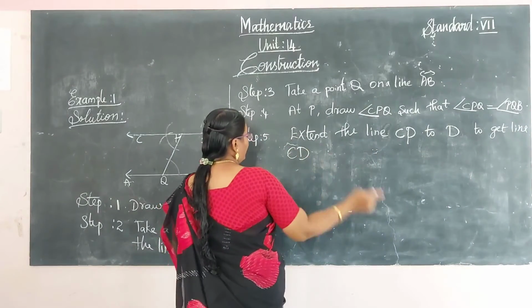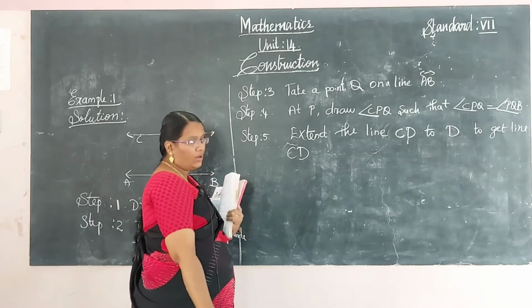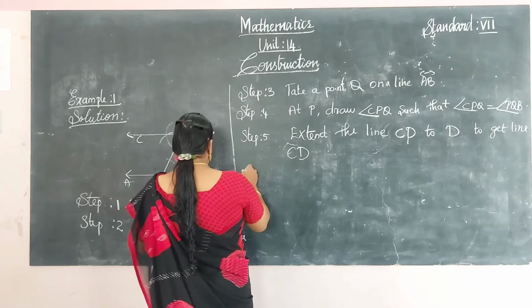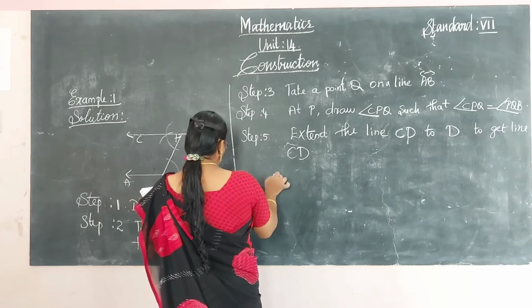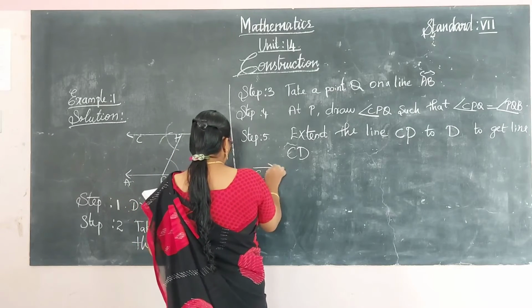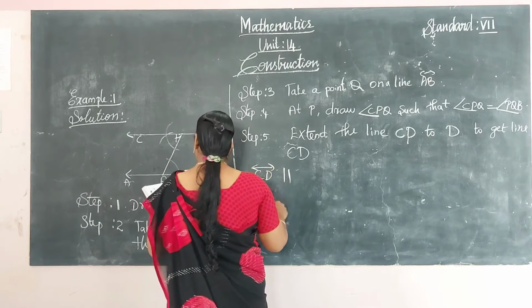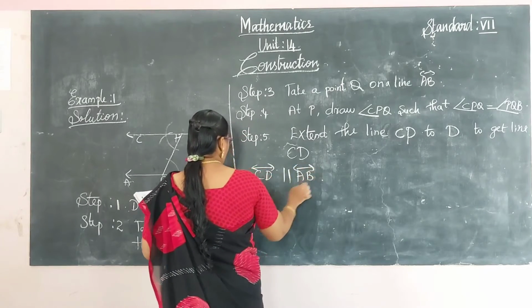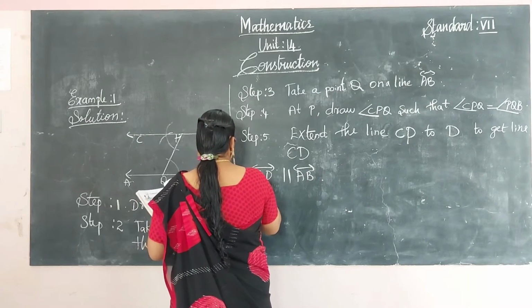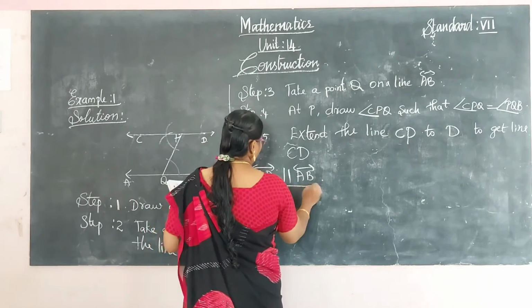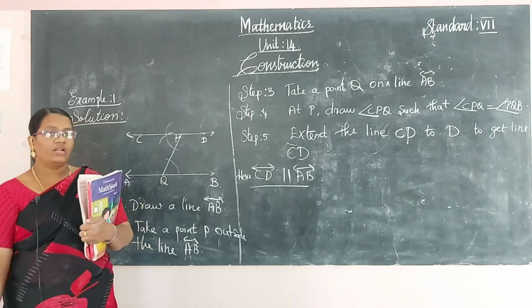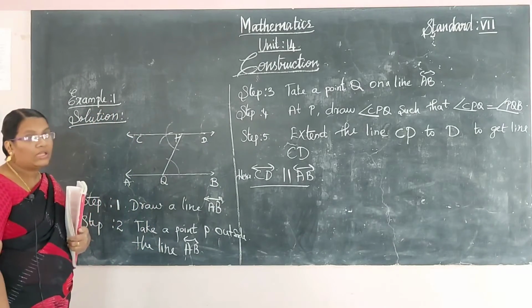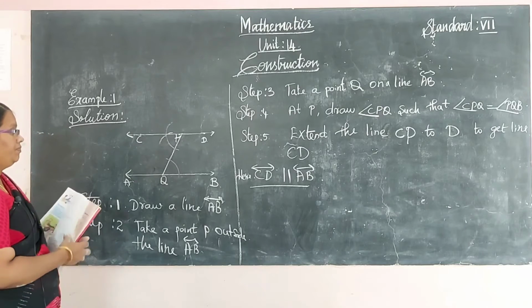You can simply write: extend the line CD. Okay, and the next and final step: the line CD is parallel to the line AB. That's it. The final line you write is: the line CD is parallel to the line AB.